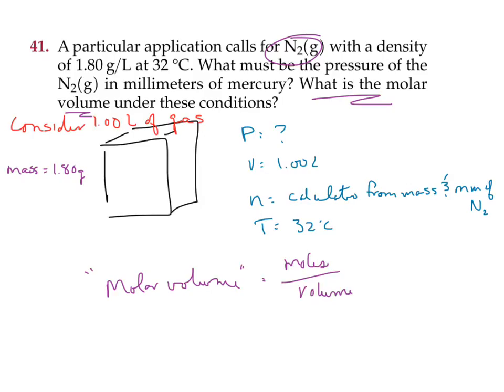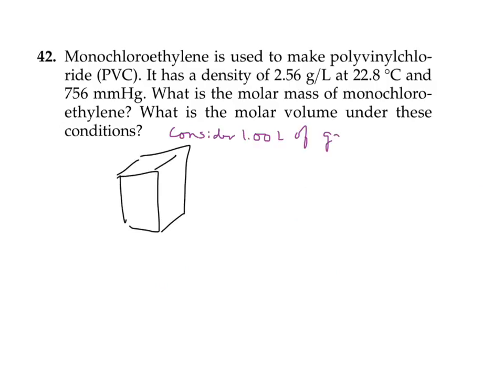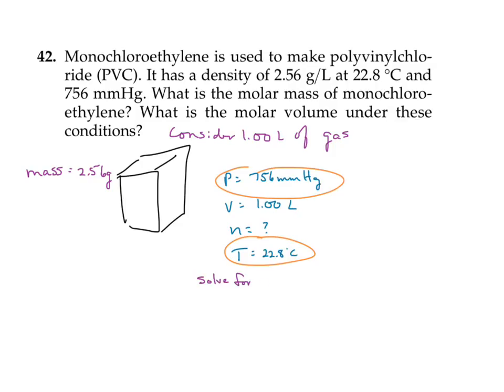There's one more. Are you serious? Okay, one more. Again, it's given a physical property of the gas, the mass per liter. So we're going to consider 1.00 liters of gas. That's going to be our volume. By definition, then, the mass of our gas is 2.56 grams. Temperature and pressure are given. We can get to moles using PV equals nRT. After we fix to atmospheres and Kelvin, we can get to moles.